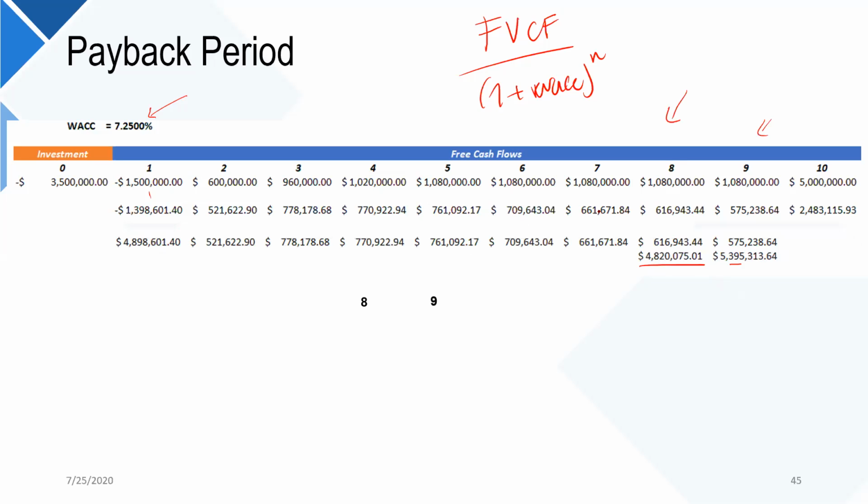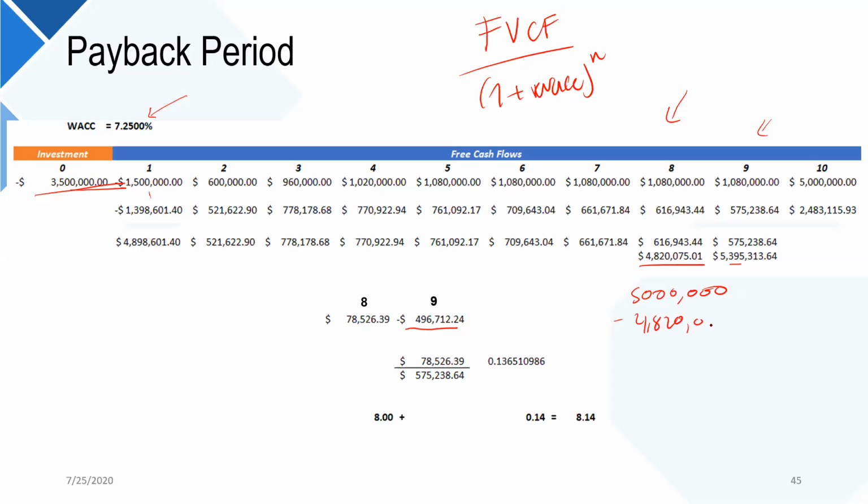So you take those 2 years. You know here that you go over with 400,000, but that's okay. We're not going to use that year completely. So you take the 4,820,000 and you subtract it from your payback amount, which is 5 million, and this gives you 78,526, okay?